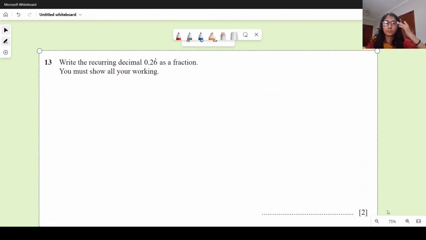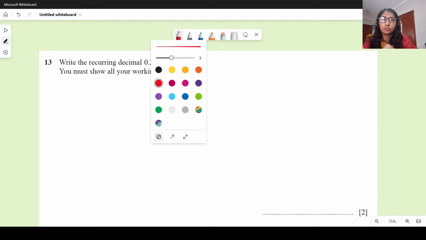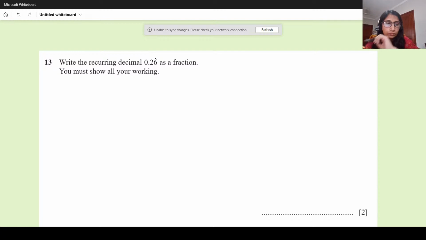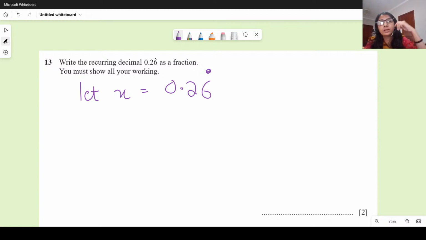Write the recurring decimal as a fraction. So how you do this question, you start with let x equals 0.26 with a recurring dot on 6.